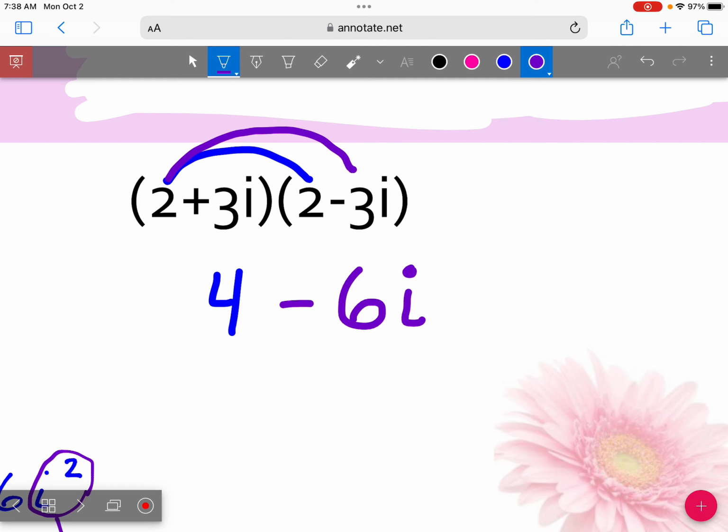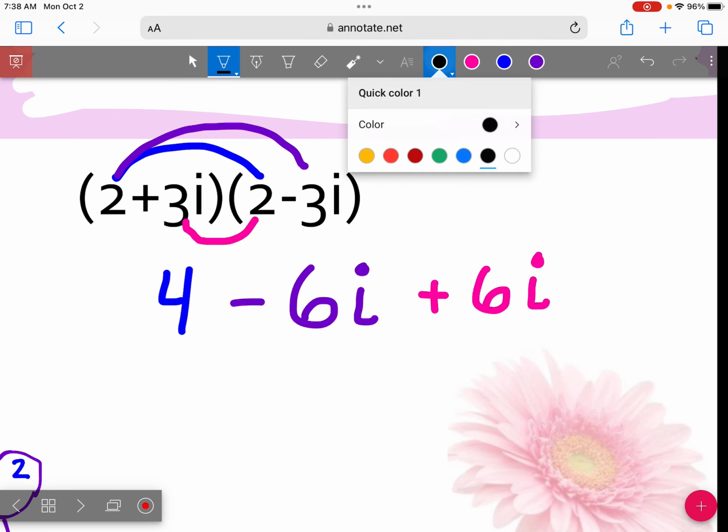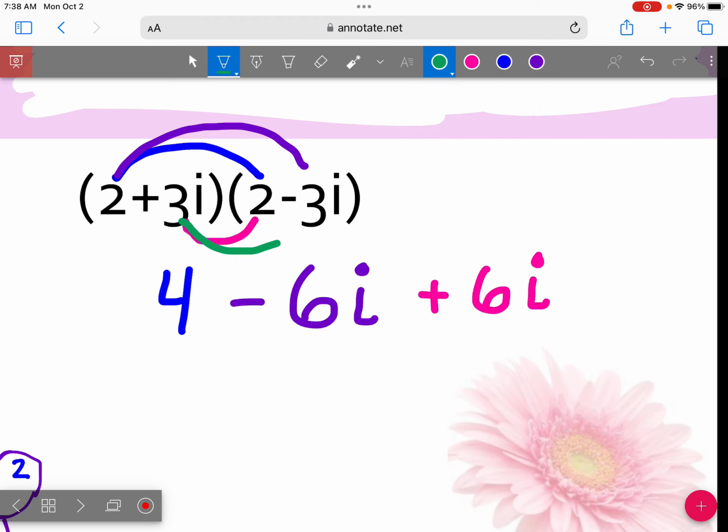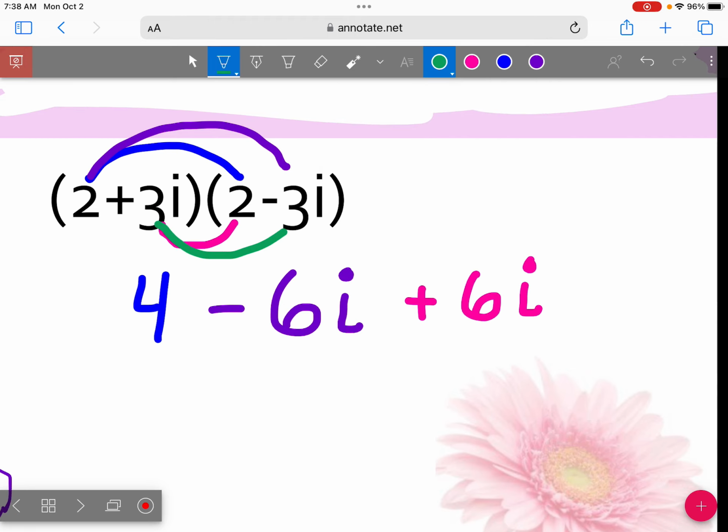I'm going to take my 3i times 2 to get plus 6i. And I'm going to take my 3i times minus 3i to get minus 9i squared.